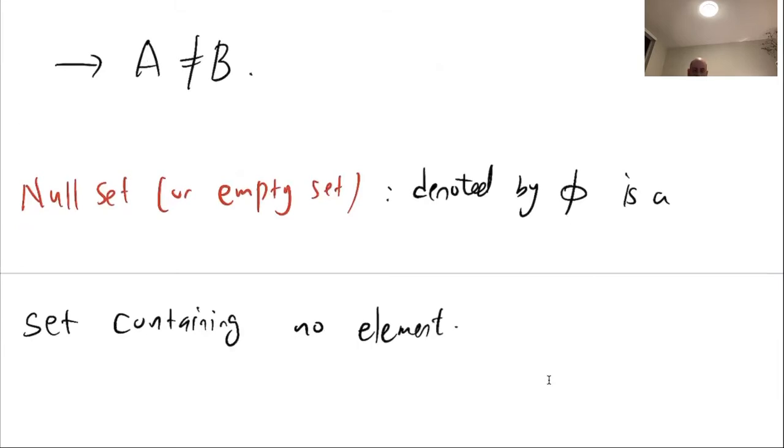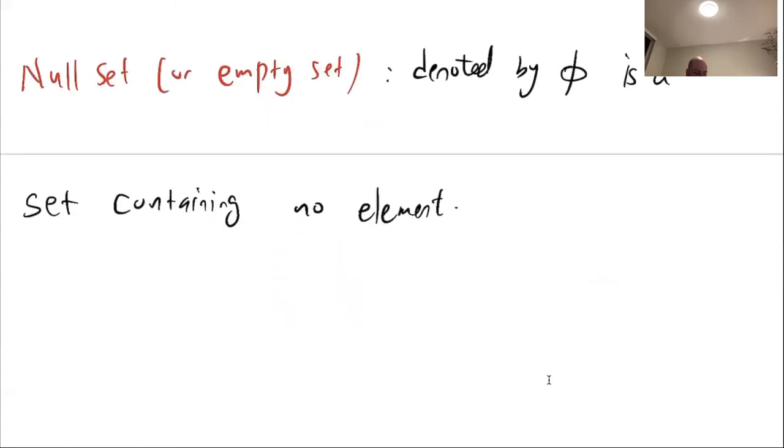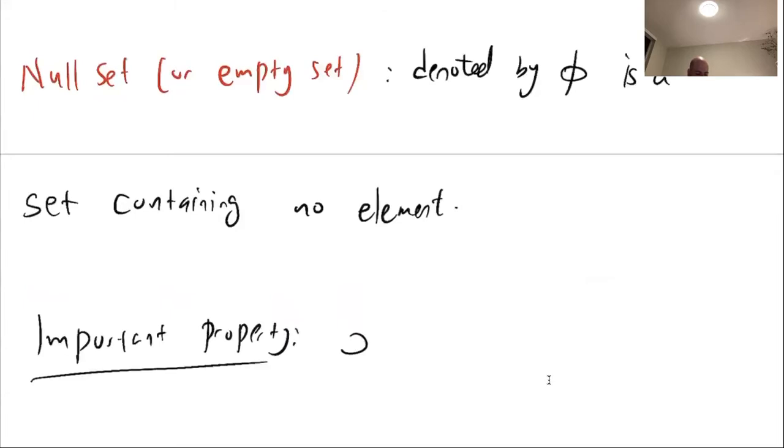A set containing no element is called a null set or empty set. Now, an important property of this null set is that the empty set is a subset of A for every set A.